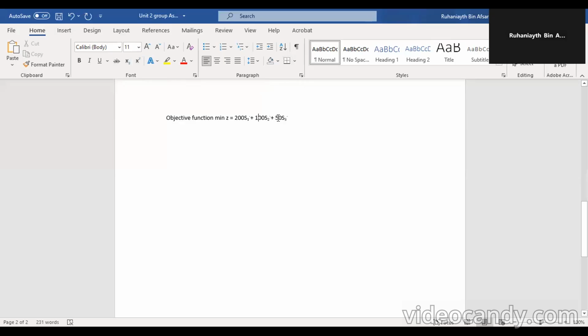Okay. Now this is also a negative function, because this is the underachieved value.